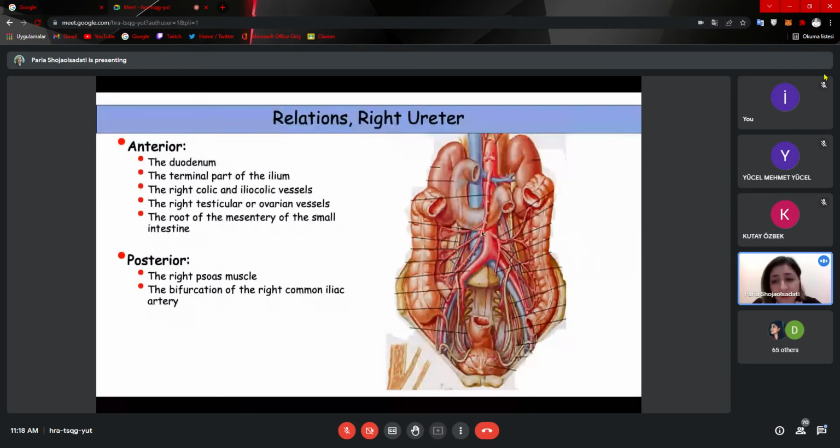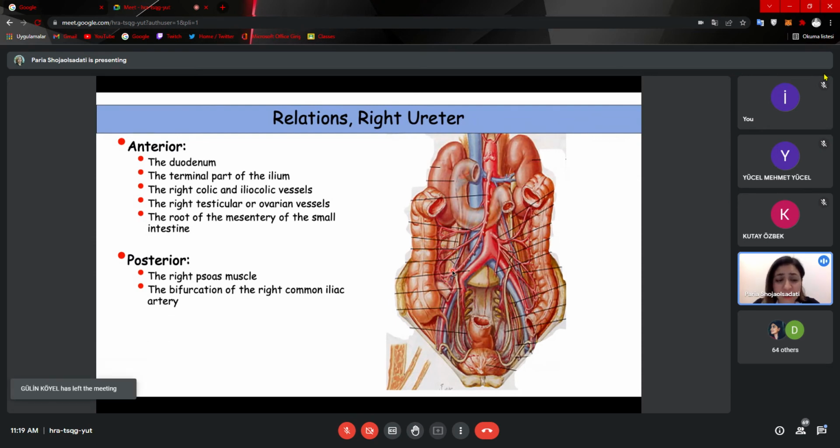The right testicular artery and ovarian artery pass and cross the anterior side of this organ. The root of the mesentery, which we learned in the digestive system, crosses this structure anteriorly.